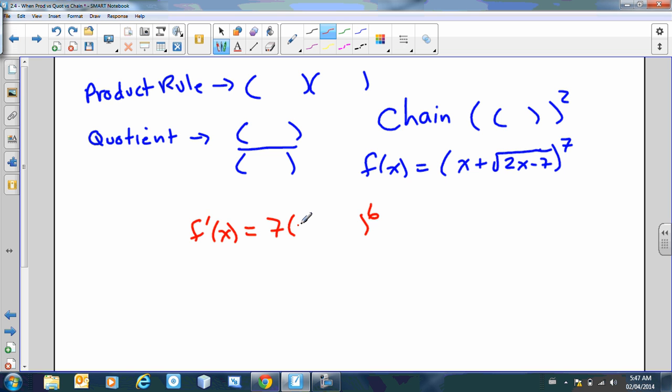And so because it's x plus root 2x minus 7, we then extend the question to deal with this part. So we take the derivative of this next. Well, the derivative of x is 1, and the derivative of 2x minus 7 to the 1/2 is 1/2 times the 2x minus 7 to the negative 1/2.